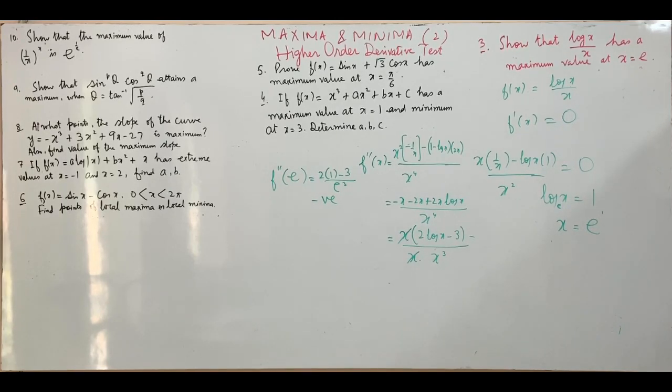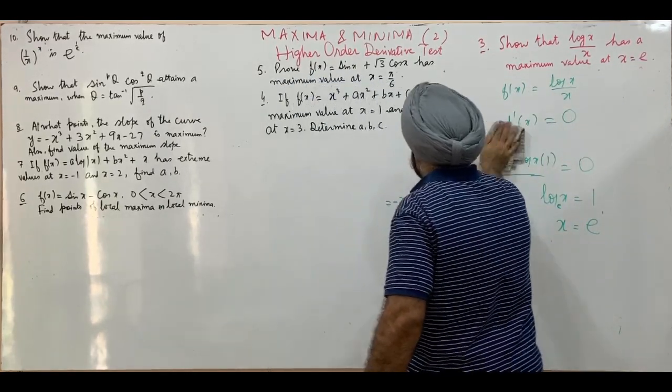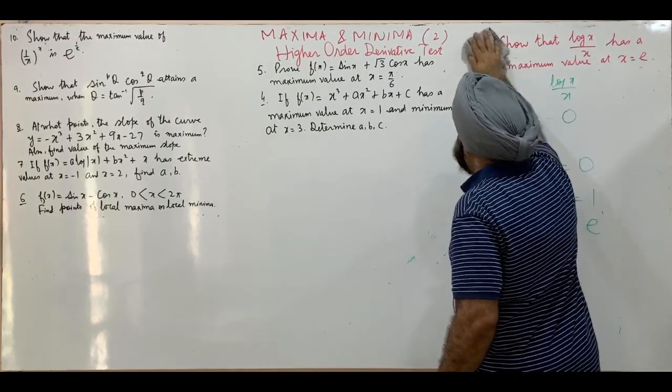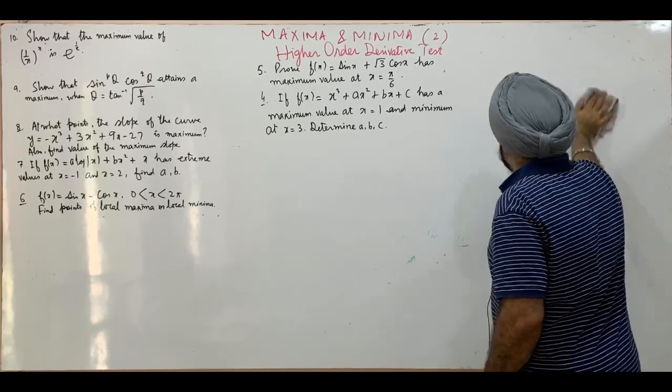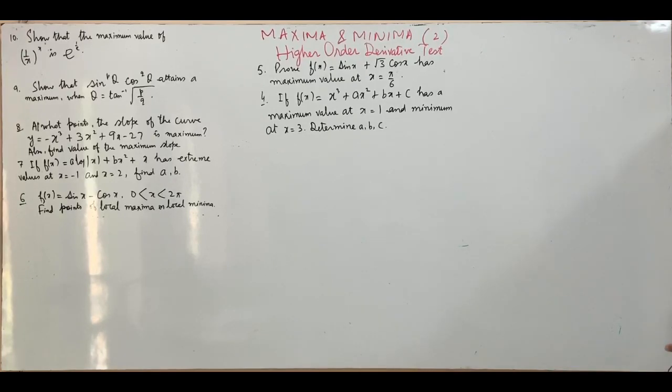The next one, f of x is x cube plus ax square plus bx plus c, and this has maximum value at x is equal to 1 and minimum value at x is equal to 3. We have to find out the values of a, b and c.